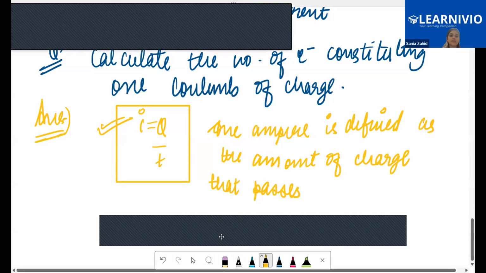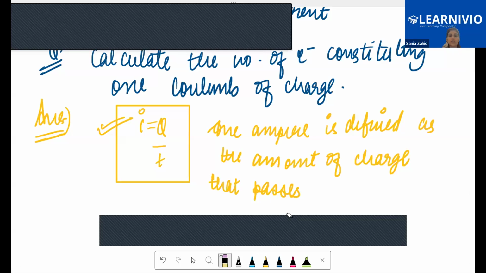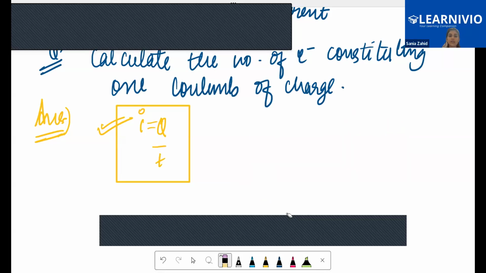Let's change the language of the answer.